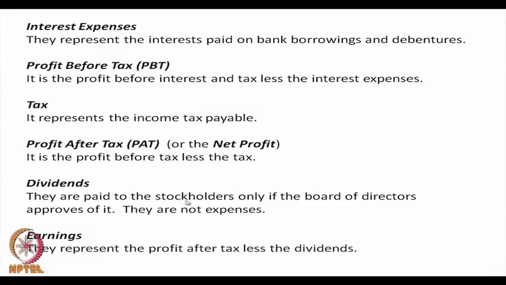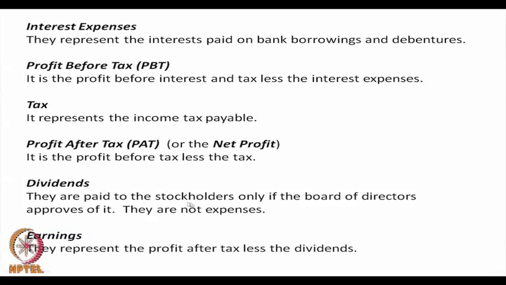Dividends are paid to stockholders only if the board of directors approves of it, and they are not expenses. Expenses are those that are subtracted from sales to find out profit, but dividends are subtracted from profits to find out the earnings.